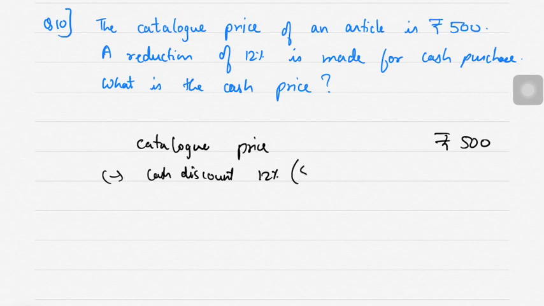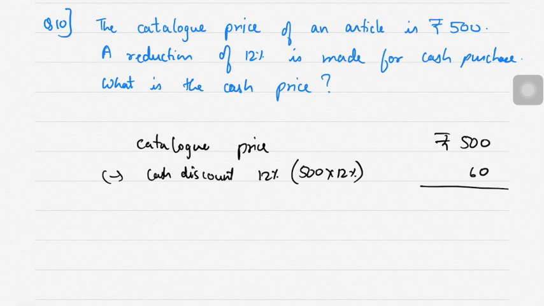So 12% of 500. So 500 into 12%. So 500 into 12% is how much? That means 500 into 12 by 100, right? So which comes to 60.